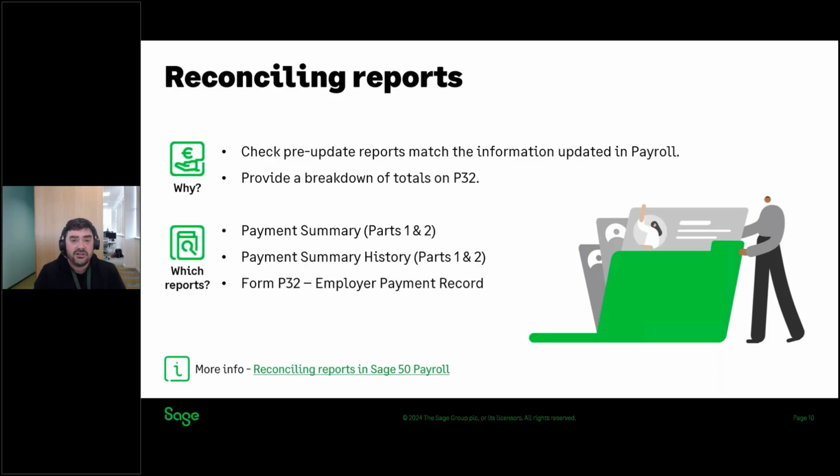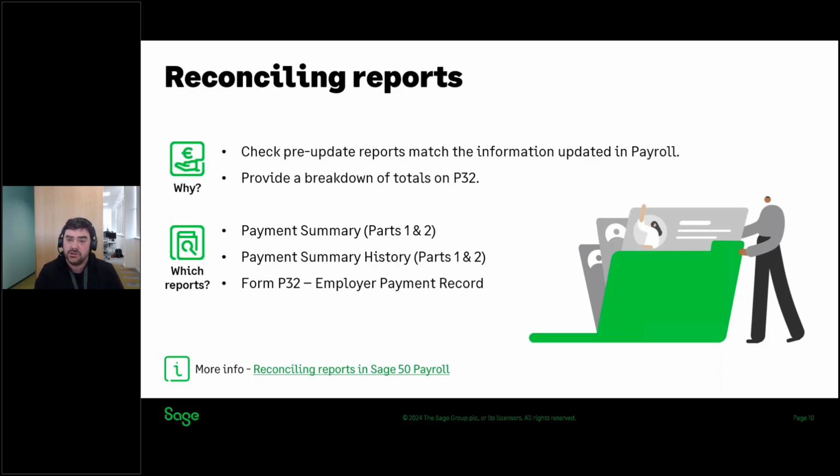Now, the reports I'm going to focus on today are the payment summary reports, parts 1 and 2. So you would run those as a pre-update report at the point you're processing your payroll. We're going to run the payment summary history report, parts 1 and 2, at the end of the month. And that's going to show us in the same format as the payment summary what has been updated in payroll.